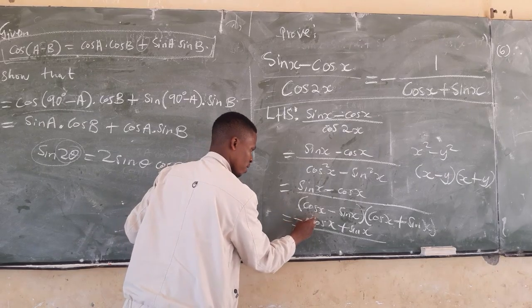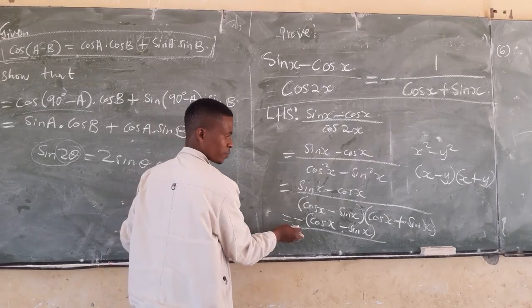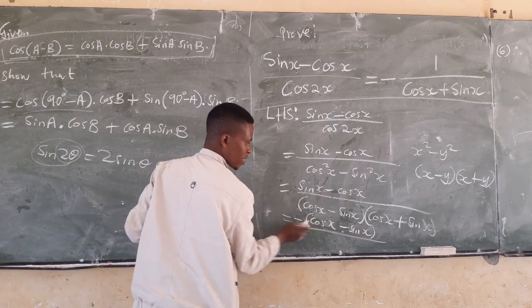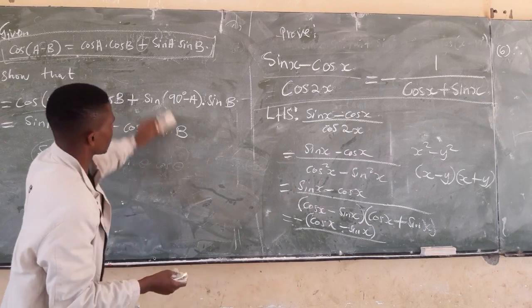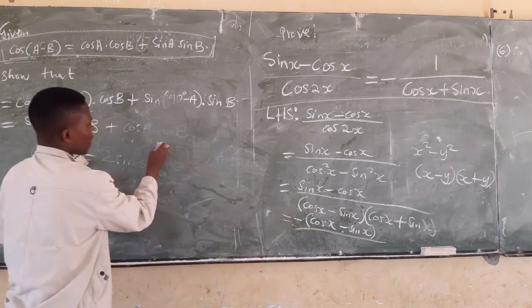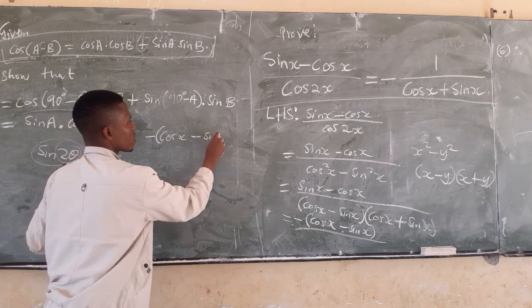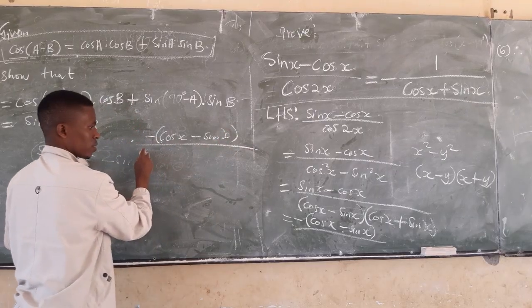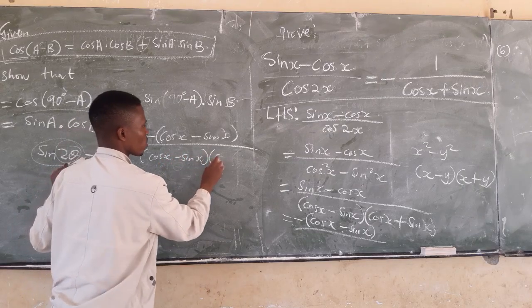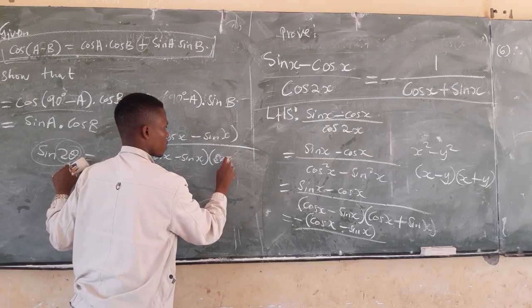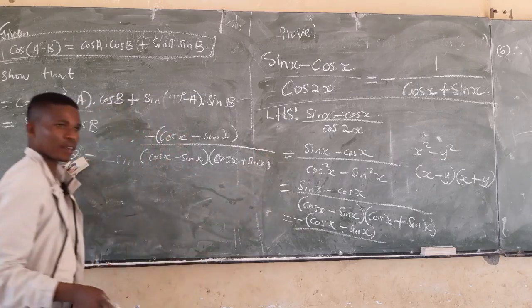We have this one cancel, minus 1 comes out, first we have cos x plus sin of x. So right now, minus into cos of x minus sin x, all over cos of x minus sin of x into cos of x plus sin of x. Clear?